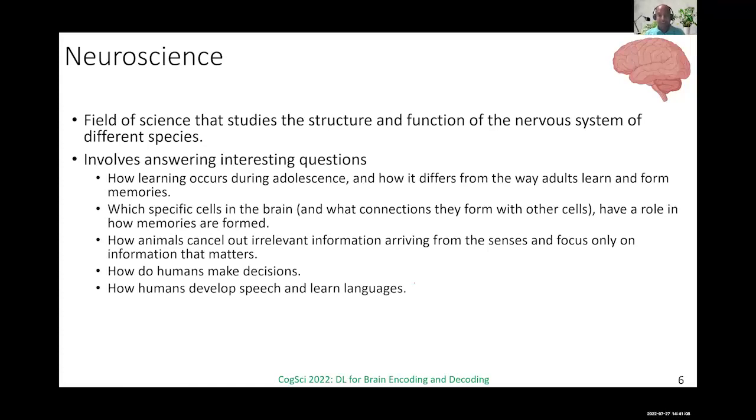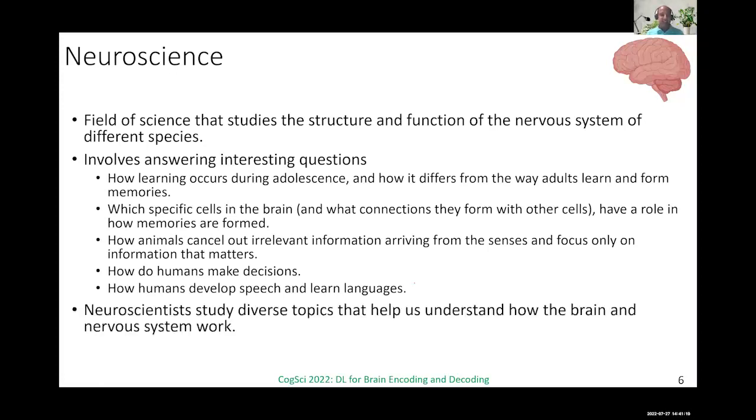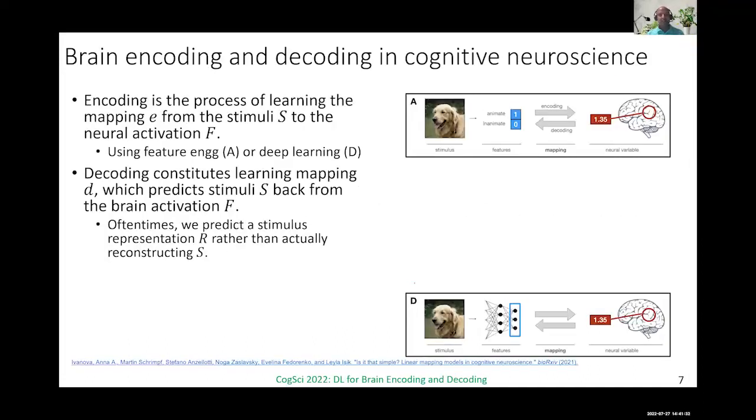Of course, very complex, but at different levels people have been trying to understand this as part of neuroscience. How do humans develop speech and learn languages? I think all of these are very interesting questions to introspect and understand how our brain works. Neuroscientists study many diverse topics that help us understand how the brain and nervous system work. So that's broadly neuroscience.